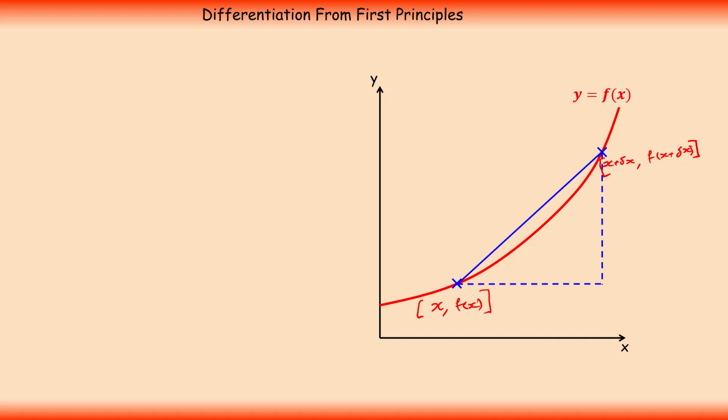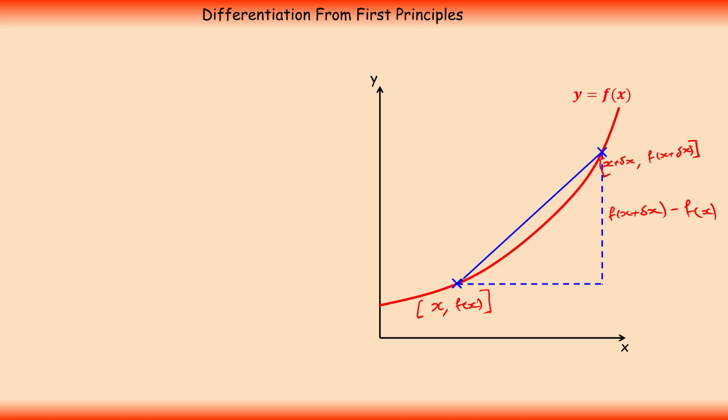Okay, and now we're going to look at the change in y. The change in y, the vertical height there, is going to be f of x plus delta x minus f of x. I think you can see why we've used that now.